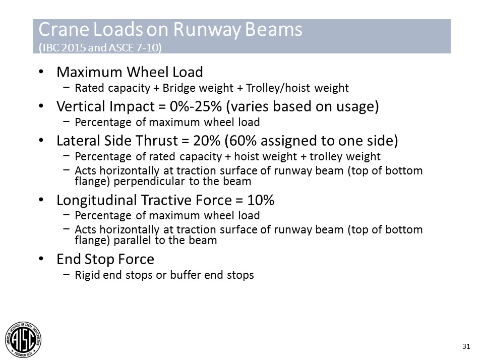That would be similar to the lateral side thrust load. In the application of these forces, you would actually apply these forces at each wheel load. So you'd have to distribute the 10% for the longitudinal tractive force or the 20% for the lateral side thrust. You would distribute that resultant force to each set of wheels and apply it to your bottom flange appropriately.